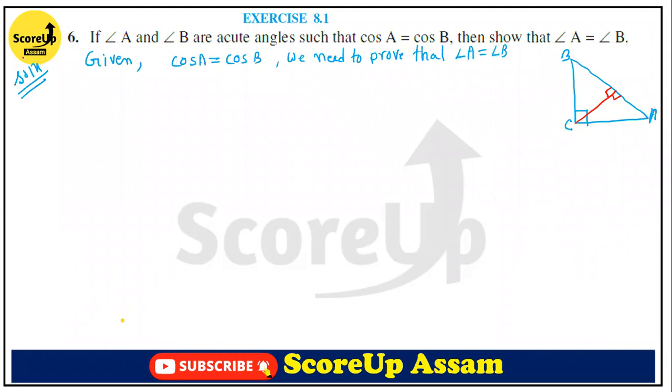Now cos A. So what will be the value of cos A? Suppose this is D. This is our A, and this is right angle C. Cos A will be AC by AB.